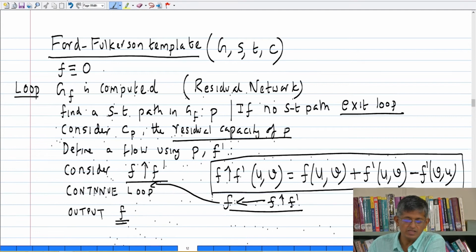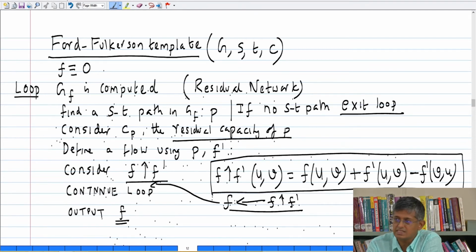Let's just review this. You start with a flow equal to 0, then you start a loop. At the beginning of the loop, you compute a network which is called a residual network. In this residual network, you will have modified capacities depending upon the current flow that you have calculated, which is f.